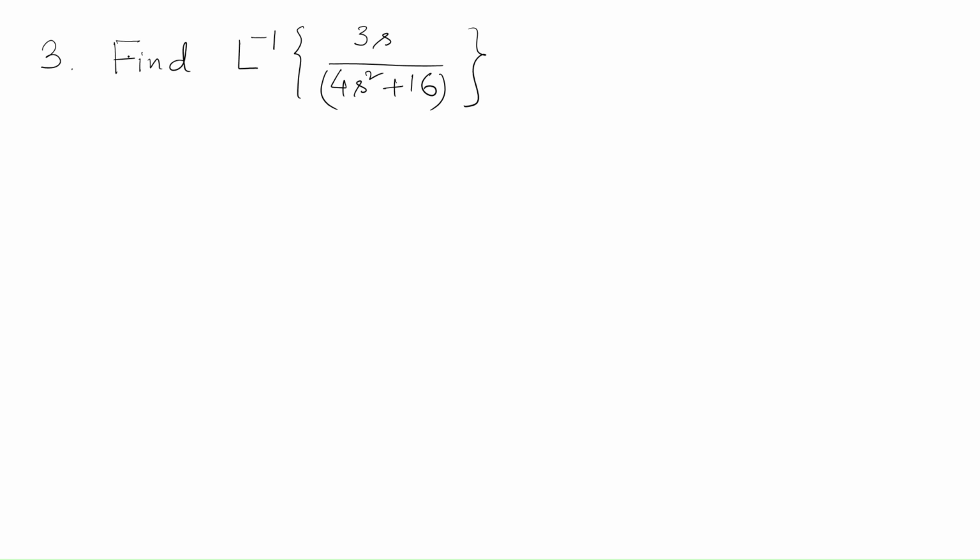Question number 3, we have to find the inverse Laplace transform of 3s divided by 4s square plus 16. We know the inverse Laplace transform of s by s square plus 4 square is cos 4t.